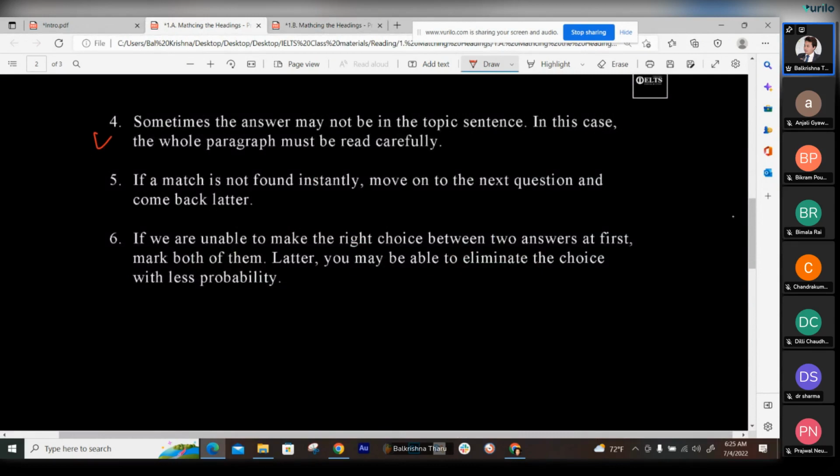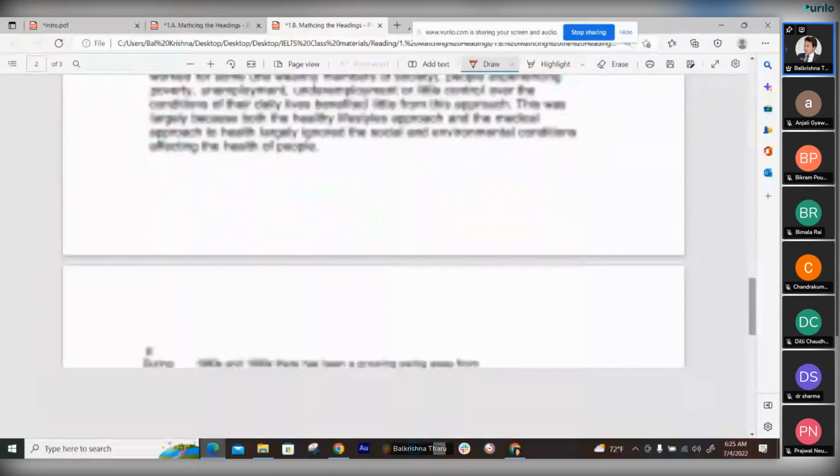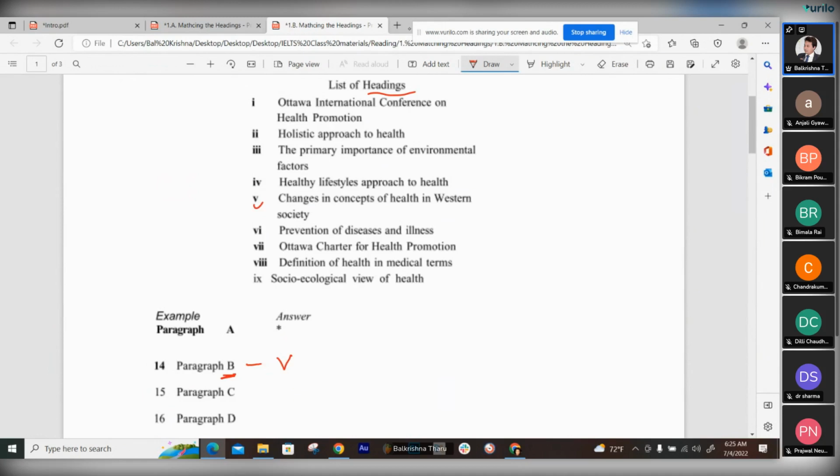Number 5, if a match is not found instantly, move on to the next question and come back later. What does it mean? It means that if you're not able to find the answer to a particular question, we should not spend a lot of time on that question. We've got to move on to the next question and come back to it later.